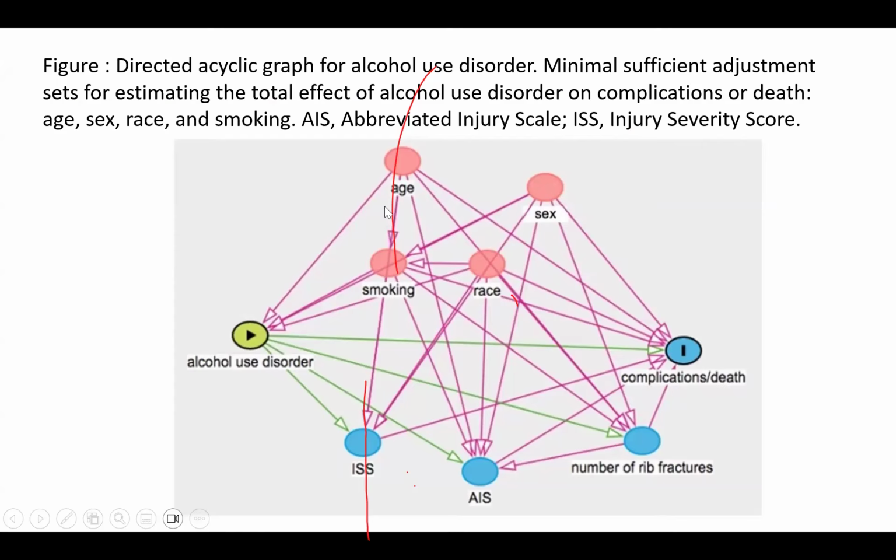As you see, age, sex, race, smoking, all these are basically exposures which are leading to alcohol use disorder. And all these are also affecting these factors, which again leads to alcohol use disorder. And alcohol use disorder leads back to the number of rib fractures or accidents and some stuff like that.